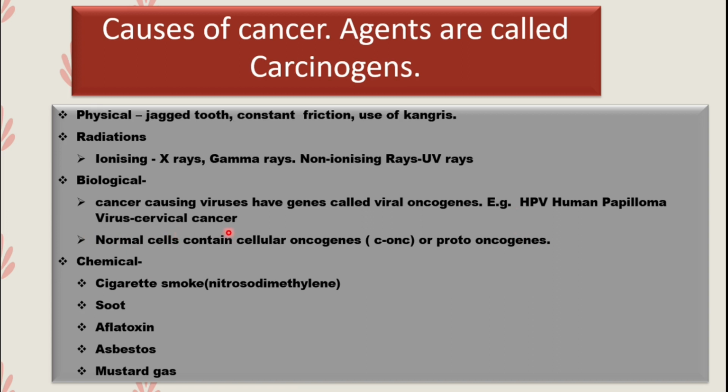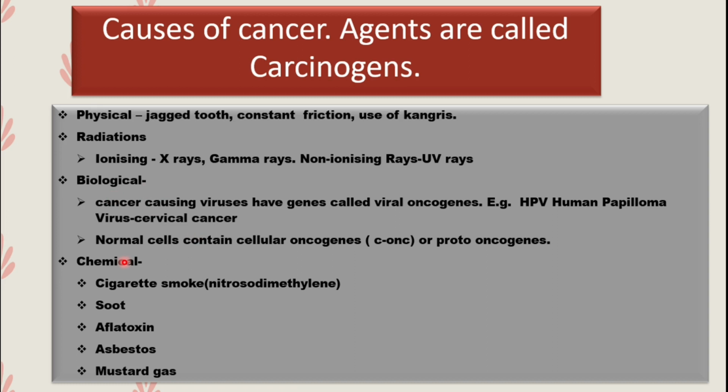All of us have normal cells containing these genes. But in some people these genes may be triggered by certain other factors and converted into a dangerous form, and such cells may start dividing uncontrollably, and that happens only when they are triggered. So biologically, these are the two reasons.